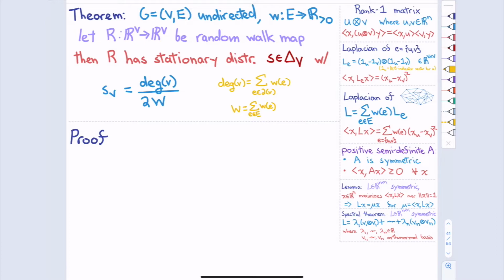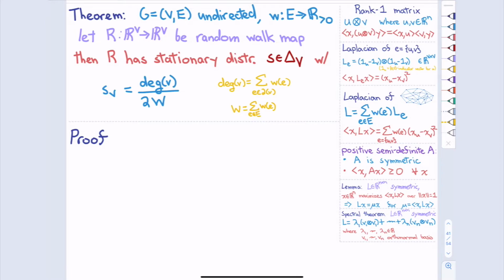So we already know there exists some stationary distribution in undirected graphs, since an undirected graph is a directed graph. But not only does an undirected graph always have a stationary distribution, I can tell you exactly what it is. I'm letting S denote the stationary distribution.